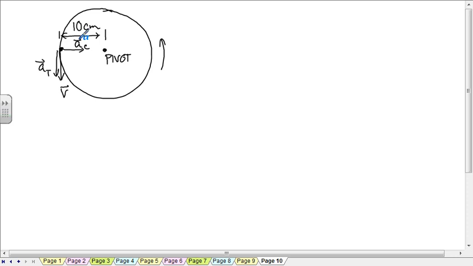And now we need to get the magnitudes. The centripetal acceleration magnitude is v squared over r. R is 0.1. So we need to figure out the speed of that point.